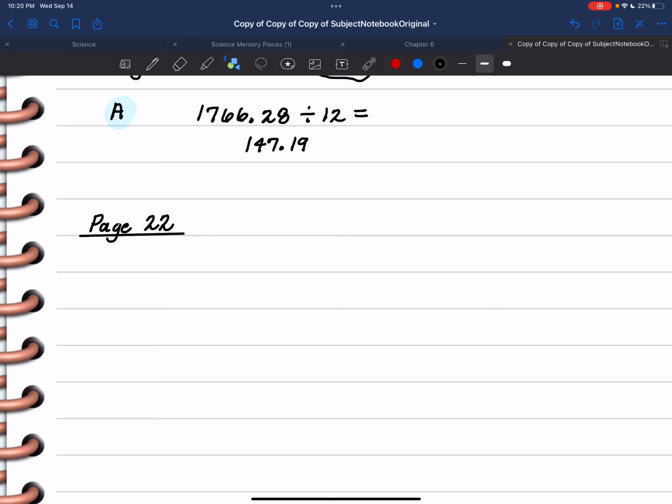2 gallons of paint cover 800 square feet, and you want to paint 1,800 square feet. So let's go ahead and set up the ratio of gallons to square feet. 2 gallons cover 800 square feet, and we want to paint 1,800 square feet.